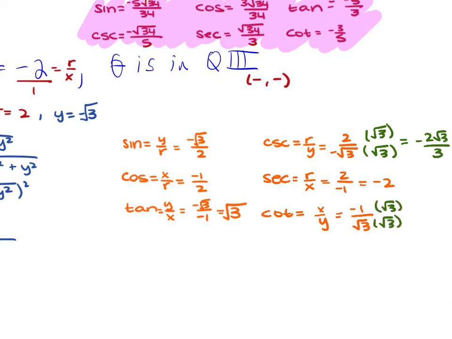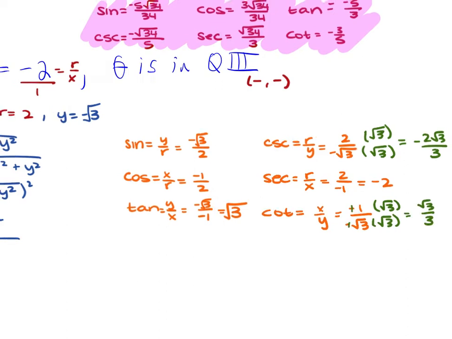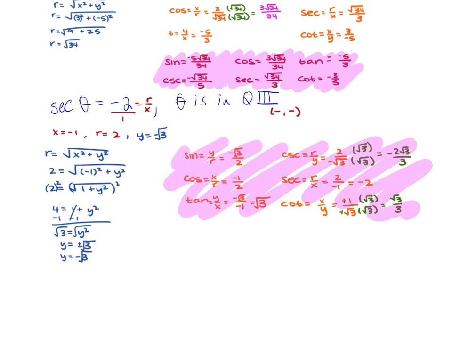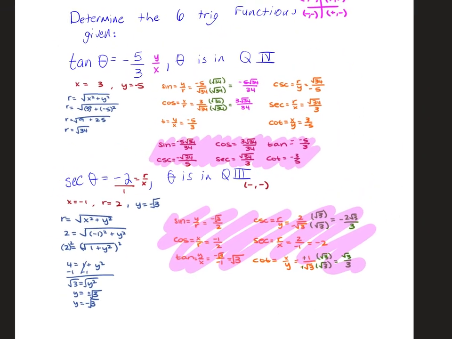This is a negative square root of 3, I'm sorry. And we get negative square root 3 over 3. So all of this is our answer. If you wanted to rewrite it like we did the one before, you can do that too. It's the same exact thing.